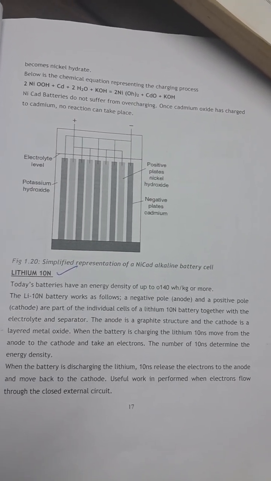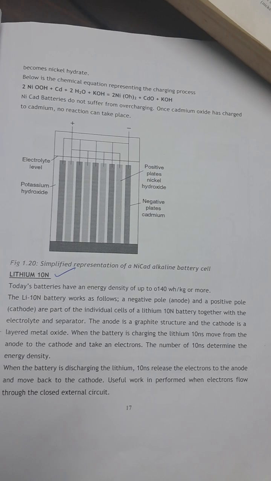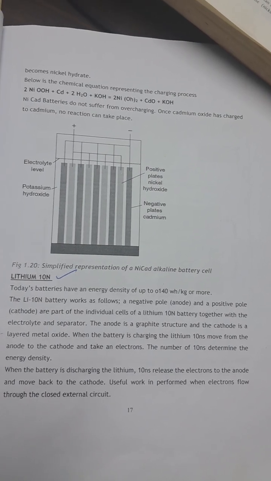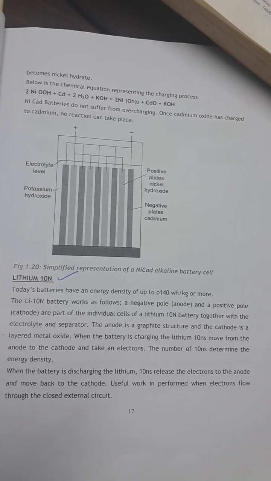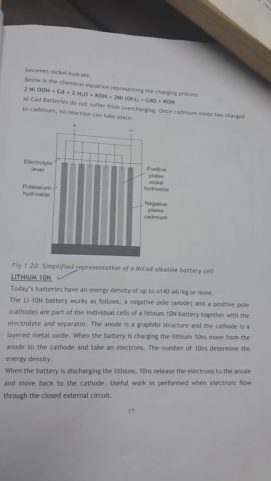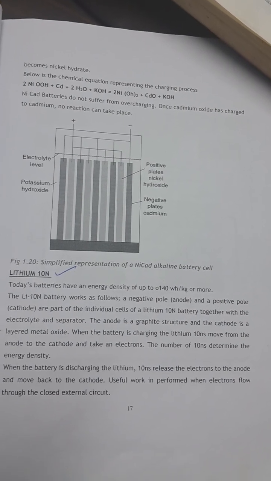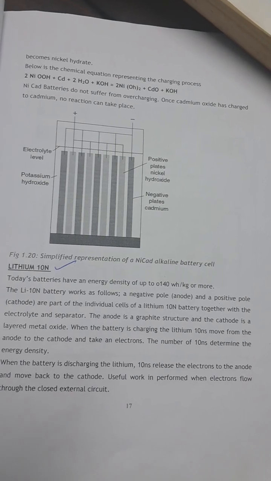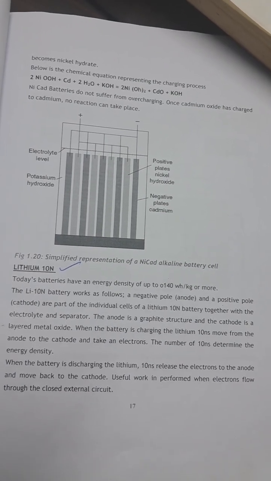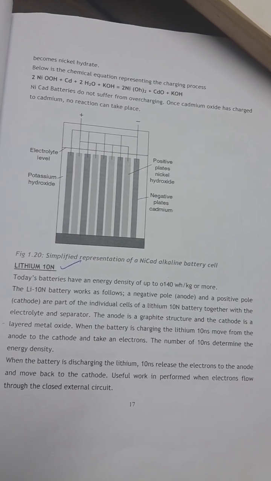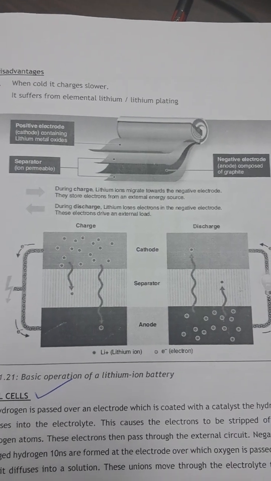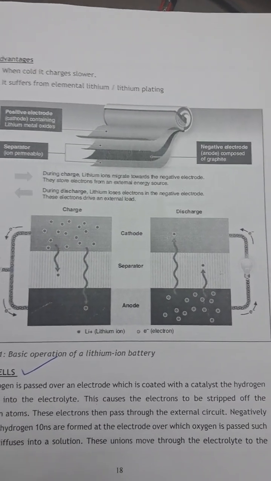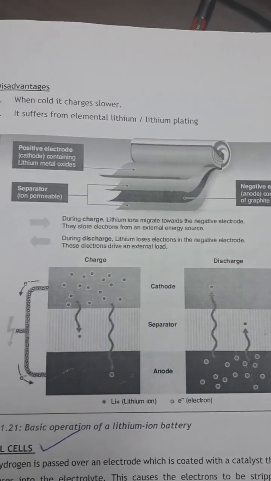Okay, in order to summarize, the lithium ion battery, we have graphite in the positive, that is the cathode, and we have the structure of the lithium ion battery is as shown there.